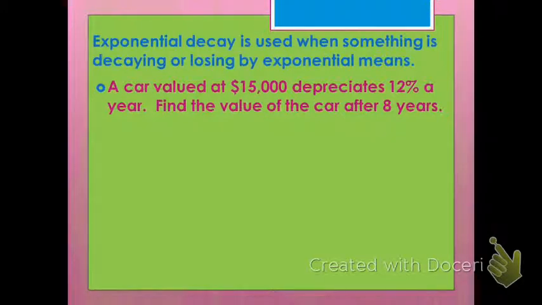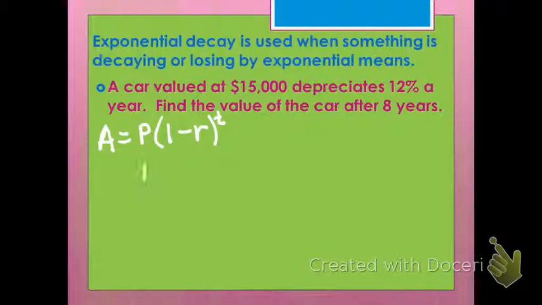Now, exponential decay, remember, is the formula you use when something is losing value or decaying. And our decay formula, of course, is the same as before, except you use a subtract sign, a minus sign. So you just go along and see what you know.